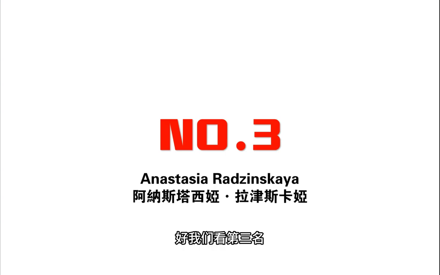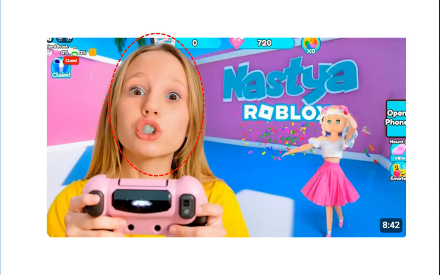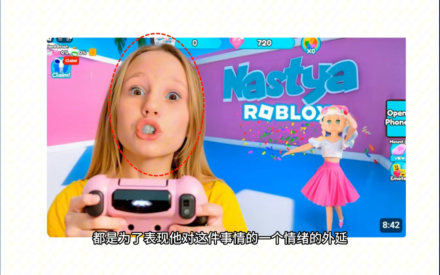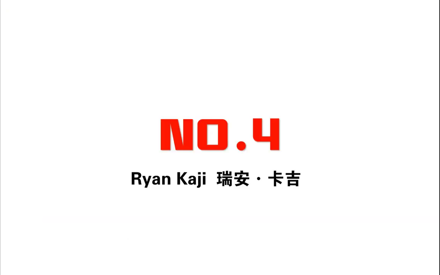Okay, let's look at third place. Children may be more expressive, but he is also simple and direct. The raised mouth and wide eyes all show an emotional extension of his feelings about the matter. Let's look at fourth place.